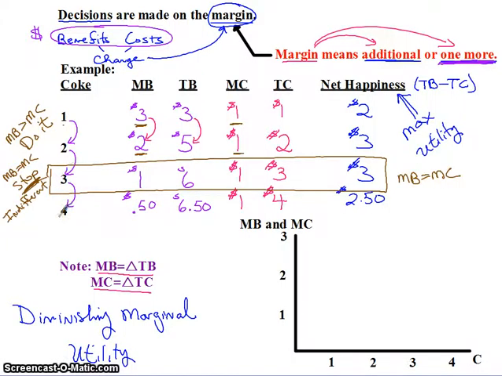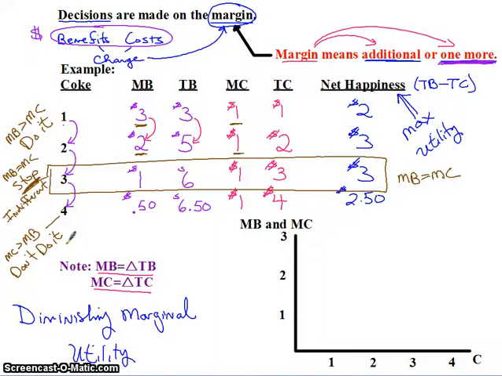And then finally, Coke number 4, the marginal cost is greater than the marginal benefit. Whenever that happens, then we say, don't do it. You don't engage in the behavior. So for Coke number 4, you only get 50 cents of happiness, but you have to pay $1 for it. The marginal cost, 1, is greater than the marginal benefit, so you don't do it.